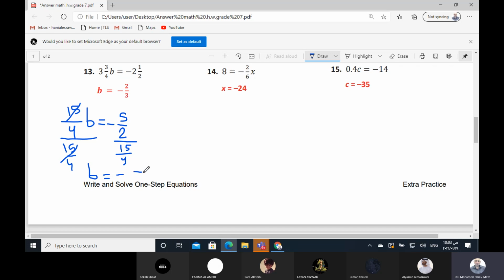Here we have a rule. When you want to divide a fraction by a fraction, keep the same dividend, so minus 5 over 2. Change the divide to multiplication. Then find the reciprocal, 4 over 15.